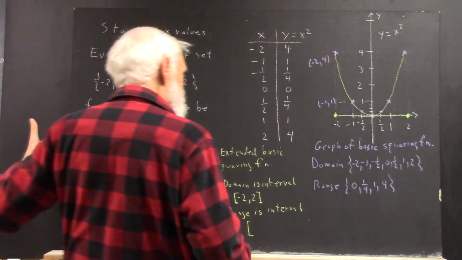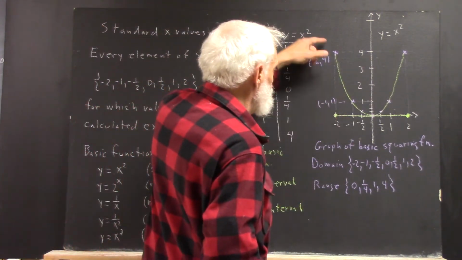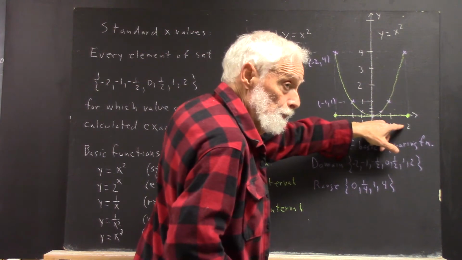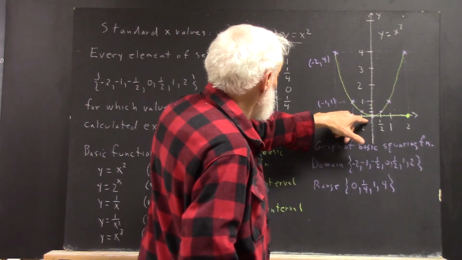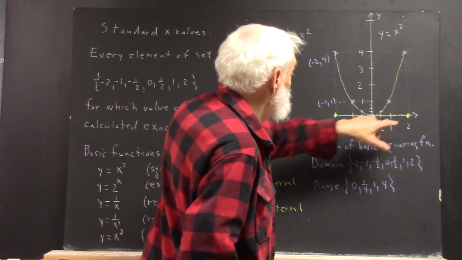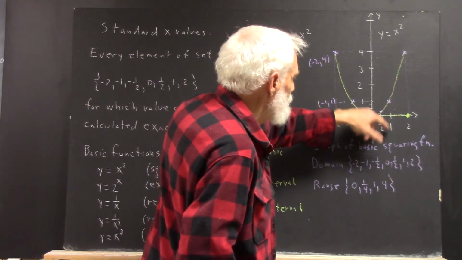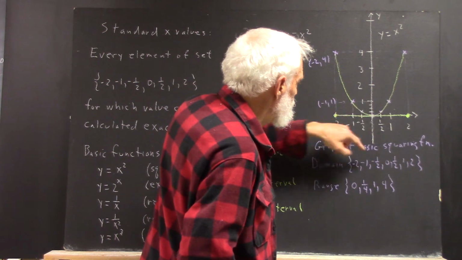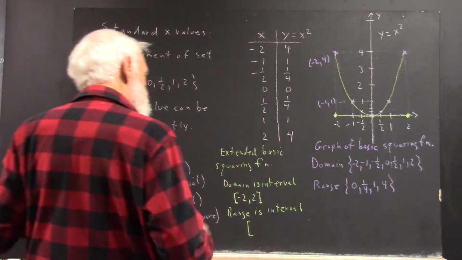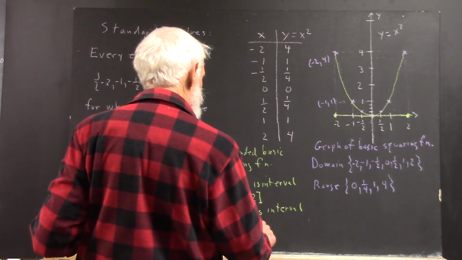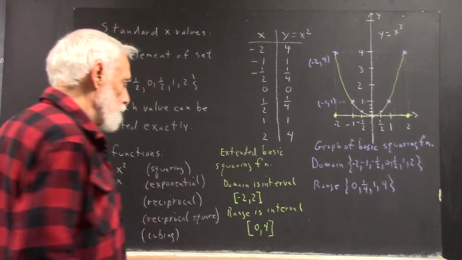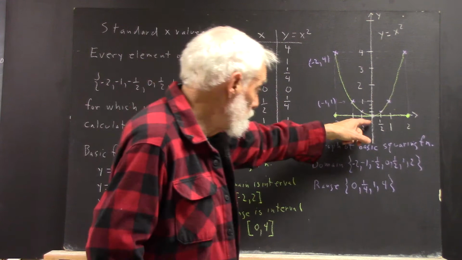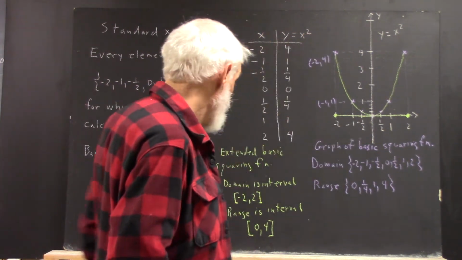So every y value between 0 and 4 comes from some x value. In fact, in this case, except for the 0 number, comes from two x values. For example, 1 comes from x equals 1 and from x equals negative 1. So the range, in any case, is the interval, closed interval, 0 to 4. Closed because 0 is included, 4 is included.